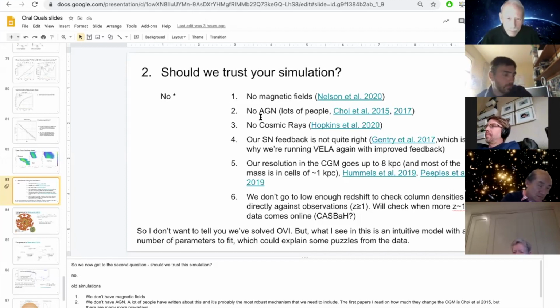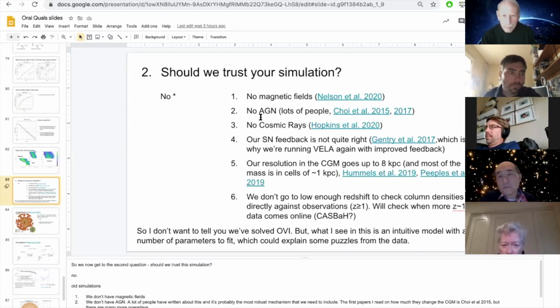Another thing I want to mention that I don't have a slide for is low ion states. I think we don't have the machinery to make those in the simulation. Resolution is not quite good enough, if Cameron Hummels is right that we need higher resolution to get low ions. Also, I think low ion states in outflows have been seen, and our simulation just can't make those at all.